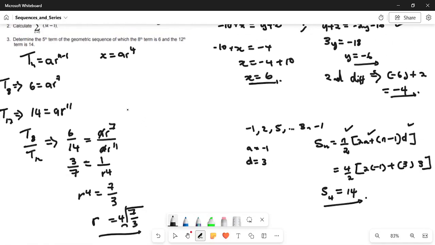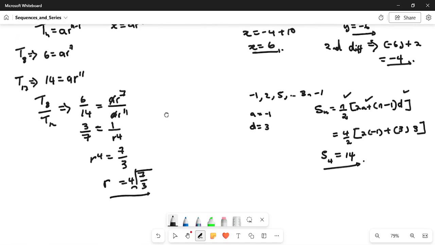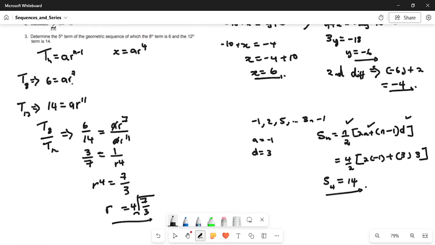What else do we have missing? Our first term is missing here. So I can substitute my value of r into either the first or the second to find what my a is. And once I have my a and my r, I can now determine what my value of x is.